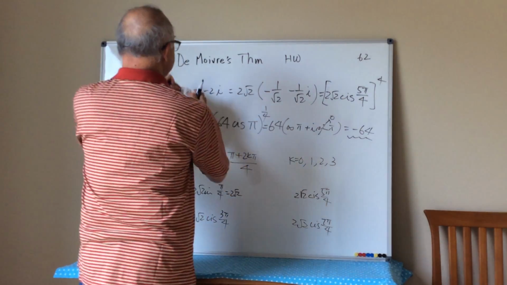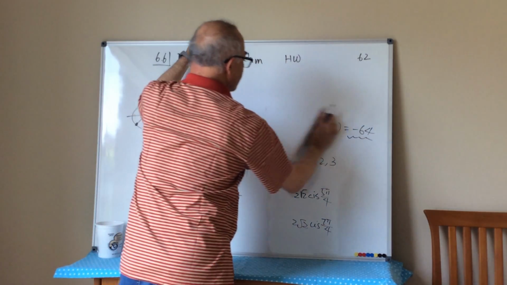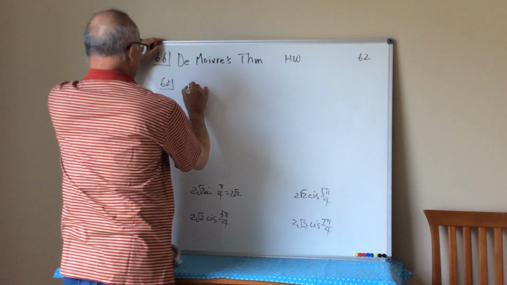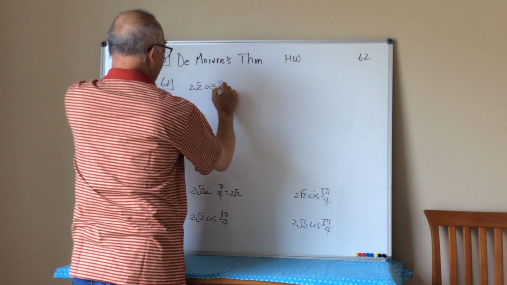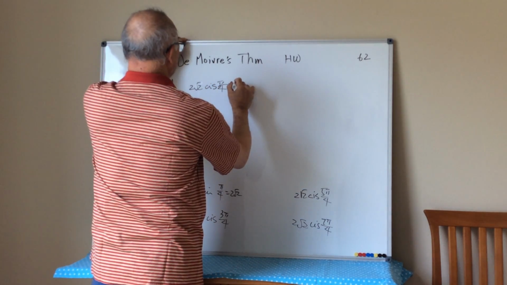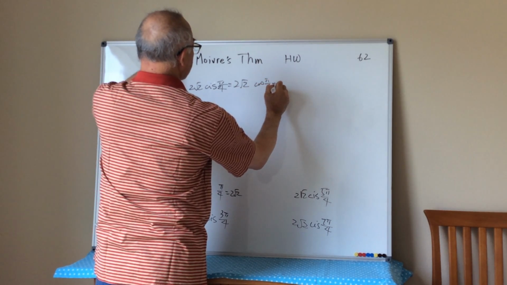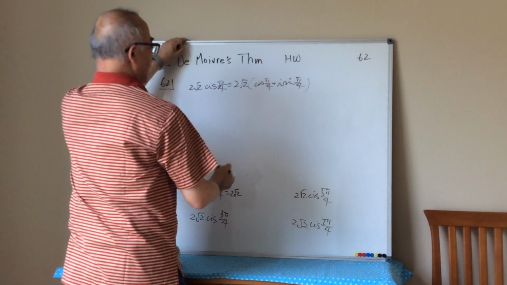So let's go ahead and put these into regular or standard form. They want us to put it in standard form, so let's do that. 2 root 2 cis pi over 4 is 2 root 2 cosine pi over 4 plus i sine pi over 4.